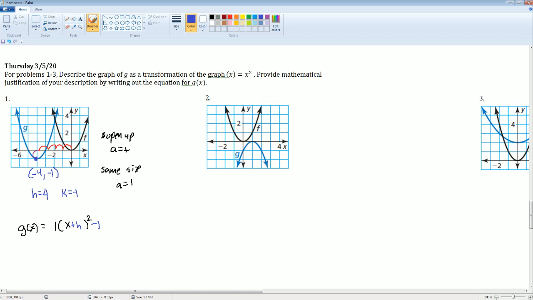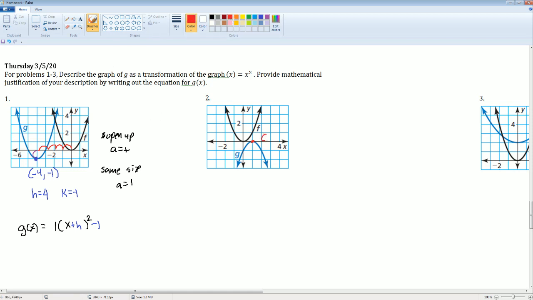Alright, what about this one? Black is the original, which is f of x. We just have to write what this one is now. So let's look at its vertex.